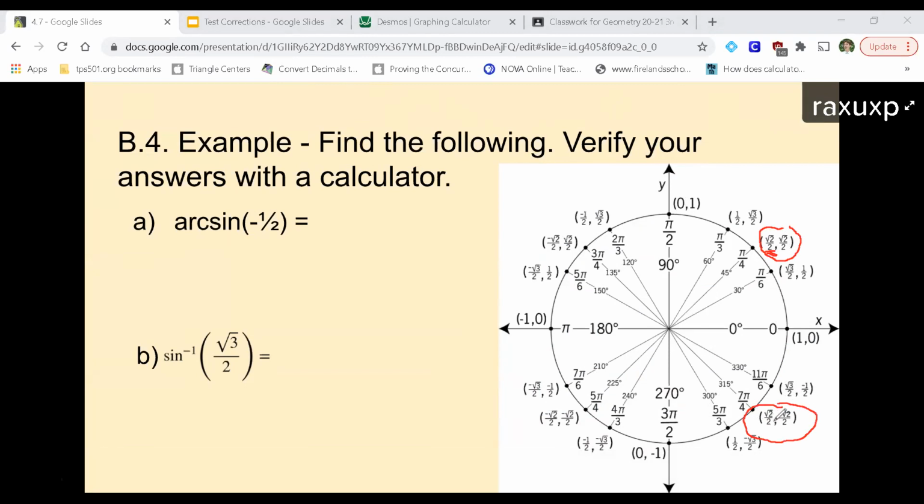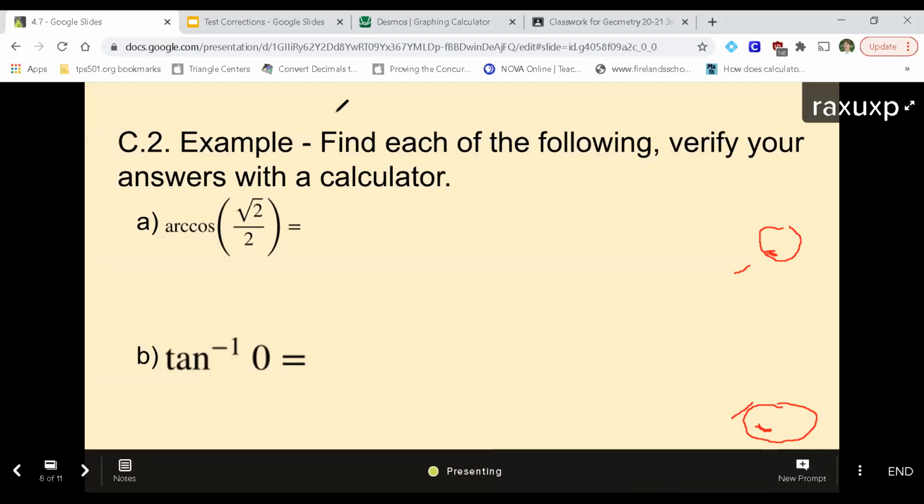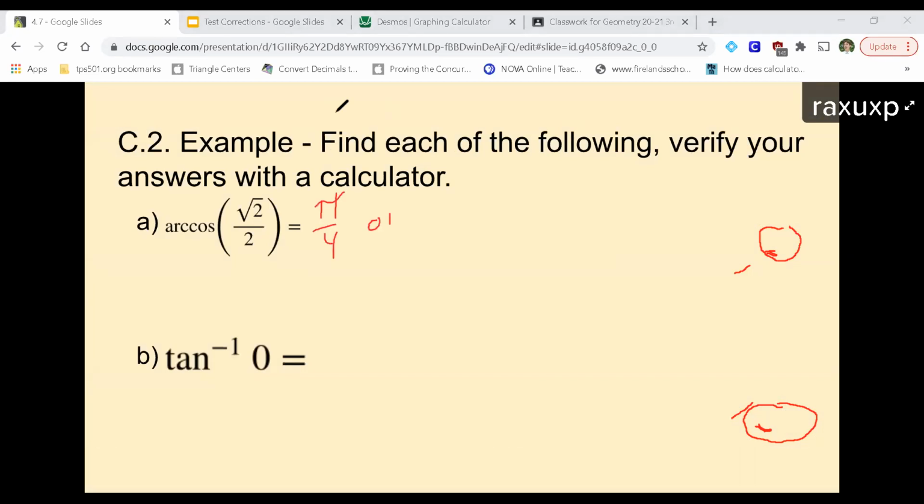So my two potential answers are pi over 4 or 7 pi over 4. But which of those is in the range of 0 to pi? Not this one.